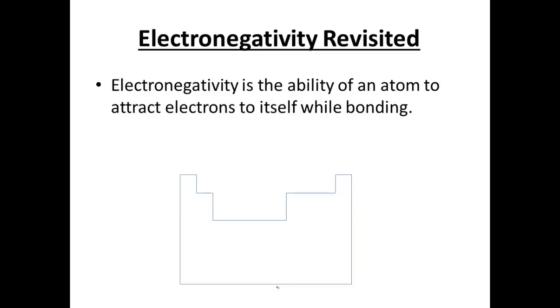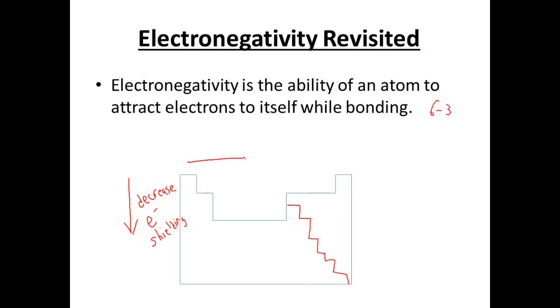So electronegativity, revisited from last chapter. This was in chapter 6.3. Just to remind ourselves, electronegativity is the ability to attract electrons when bonding. So we have our stair-step line, and what we're looking at is that as we go down, the electronegativity is going to decrease because of our electron shielding, so it's harder to take electrons in.